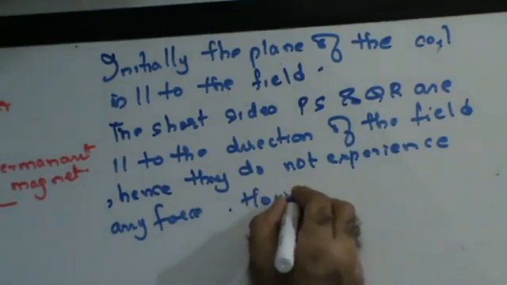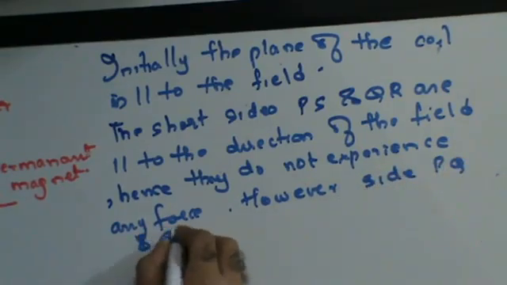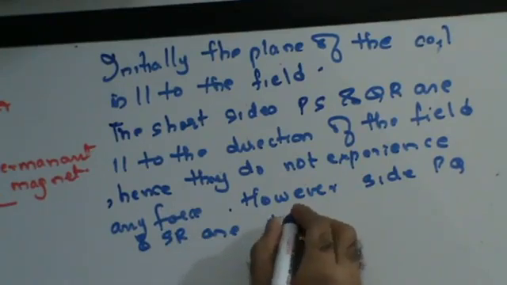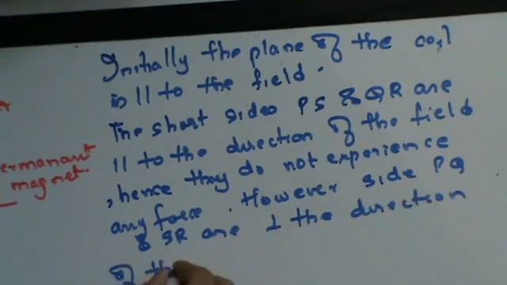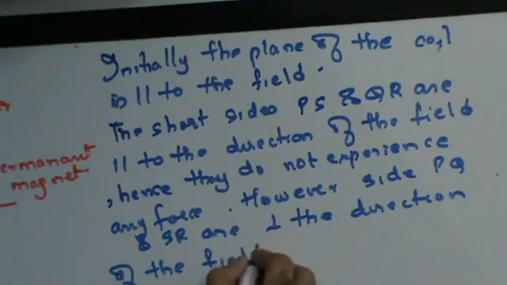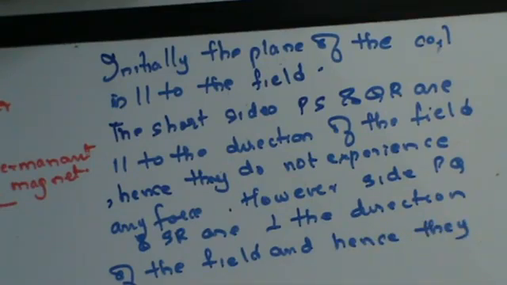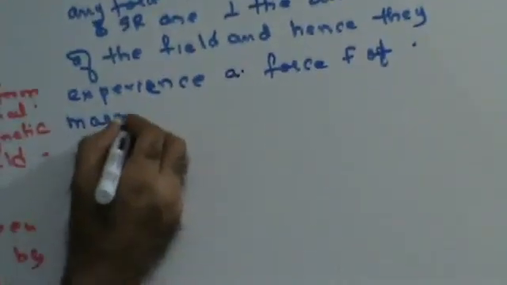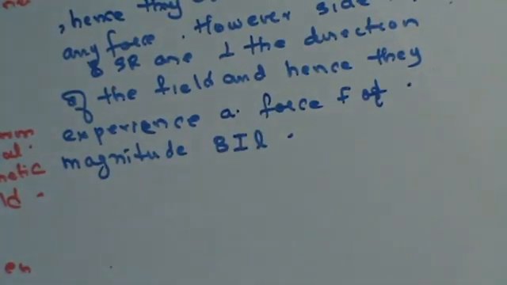However, sides PQ and SR are perpendicular to the direction of the field, and hence they experience a force F of magnitude BIL. This is the force that is going to be experienced by the two sides.